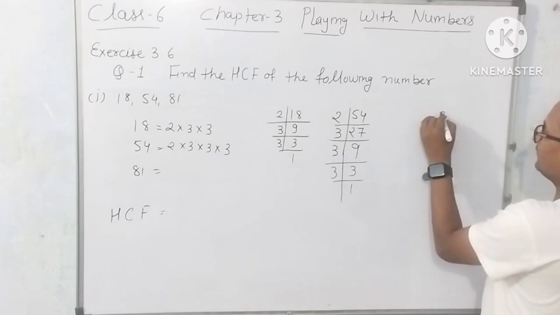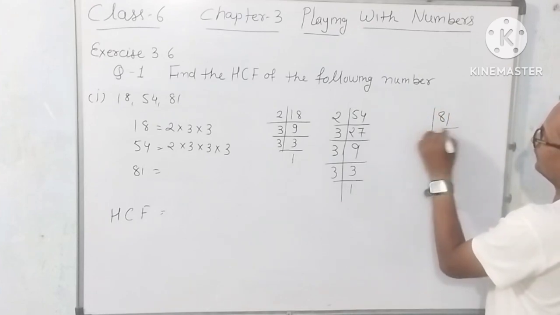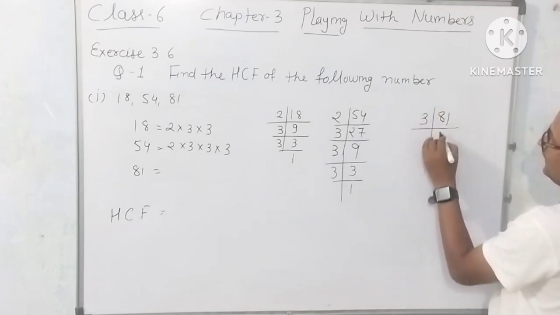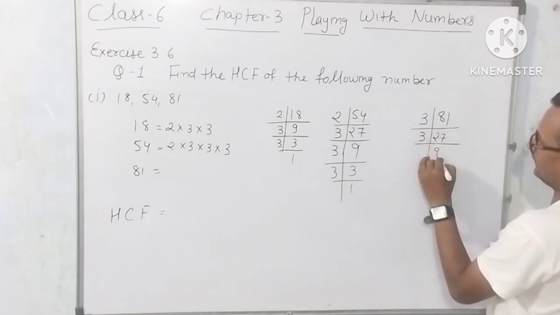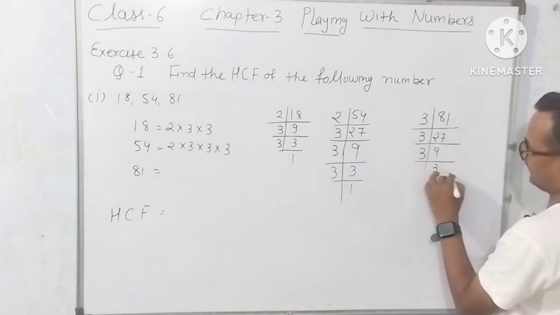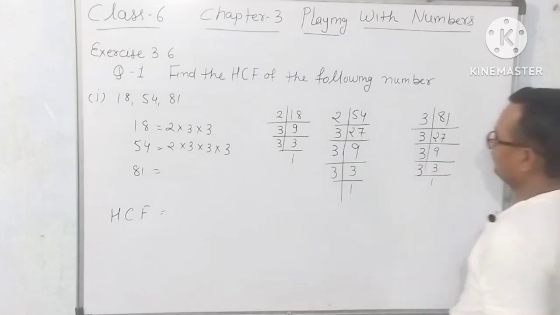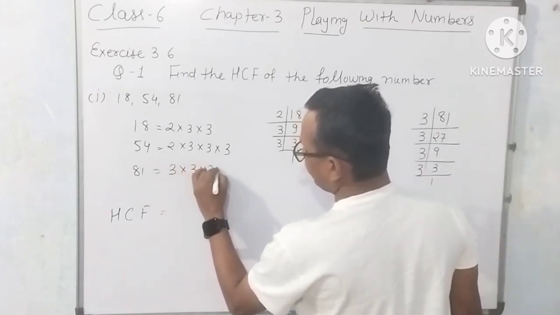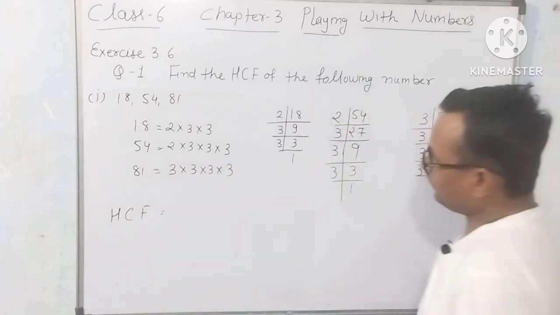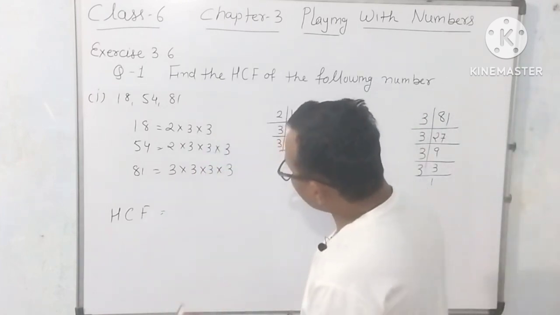For 81, 3 2 is 6, 3 7 is 21, 3 9 is 27, 3 3 is 9, 3 1 is 3. So here we can write 3 into 3 into 3 into 3. Now we have to find the common factors which can become a pair.